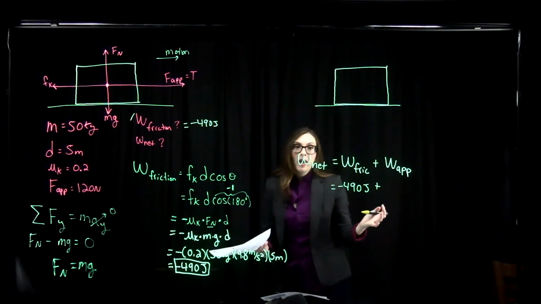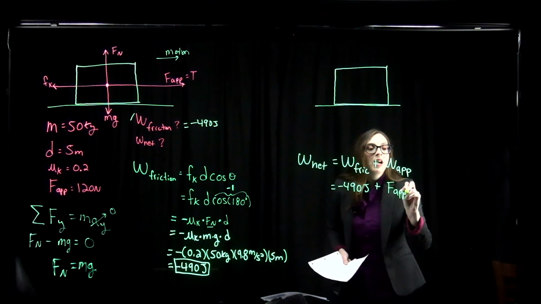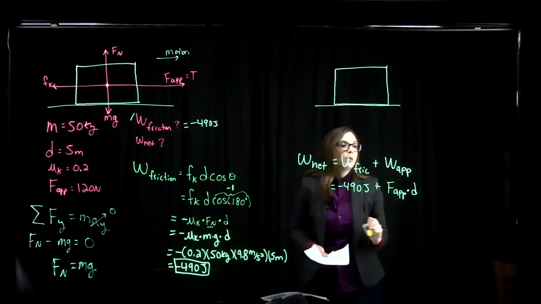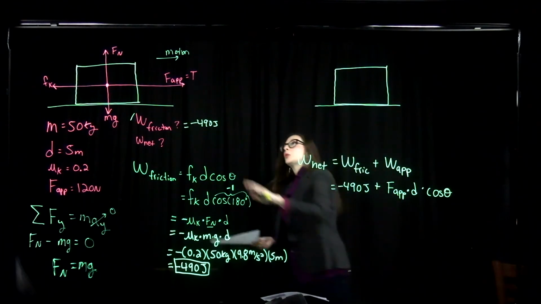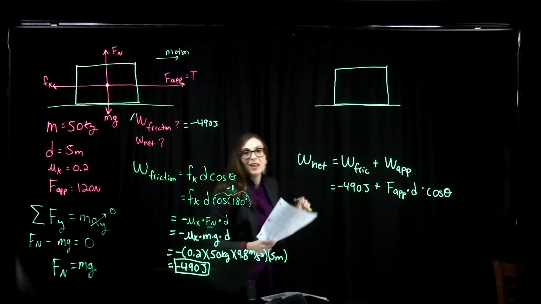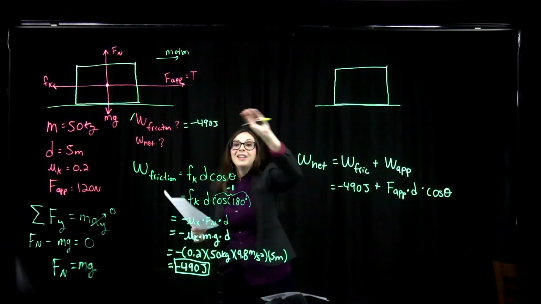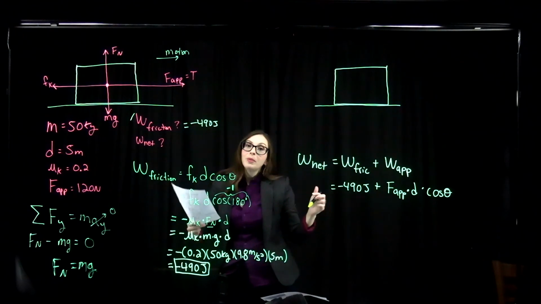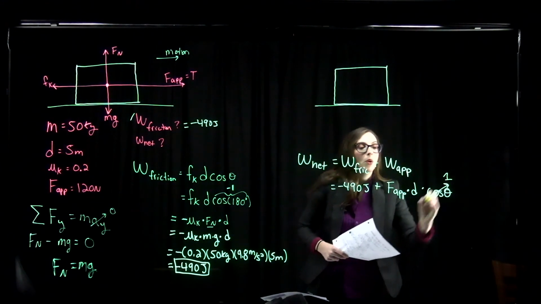Plus, our work applied is going to be the force applied times the distance over which we pull it times cosine of the angle between our direction of motion and the direction of the applied force. And in this case, the direction of motion and the direction of the applied force are in the same direction. That angle between them is 0, and cosine of 0 is just 1, okay?